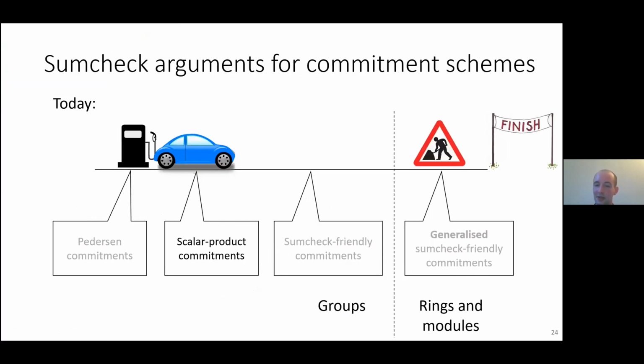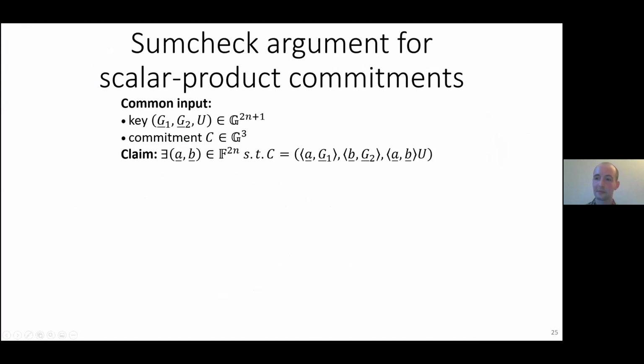All right, so next we're going to talk about scalar product commitments via sumcheck arguments. Here for scalar product commitments, the setup is a bit more complicated.